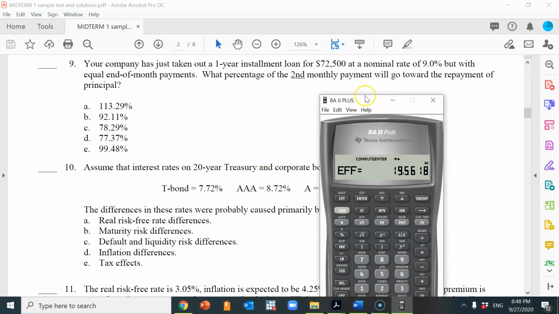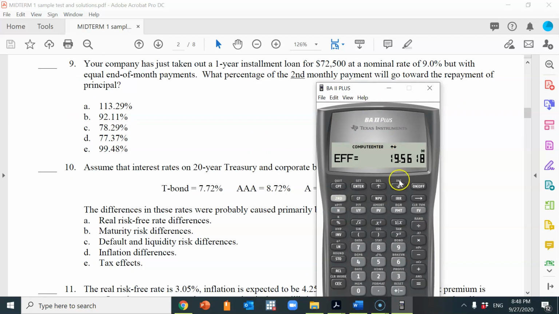So our first step is to solve for the payment. We could input 72,500 as present value. The nominal rate should be converted into the monthly rate, so we can use 9 divided by 12 as 0.75 and input that as our I, the monthly rate.